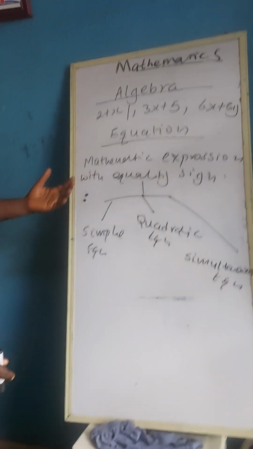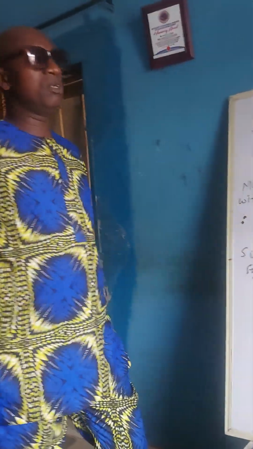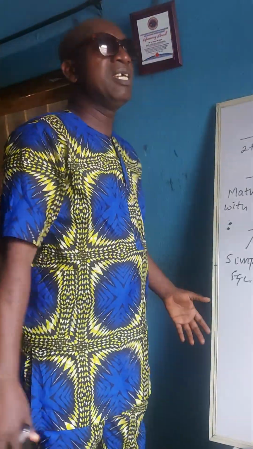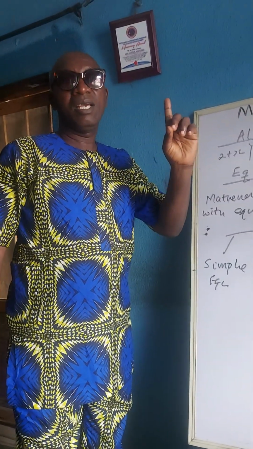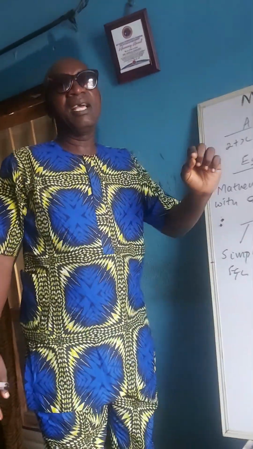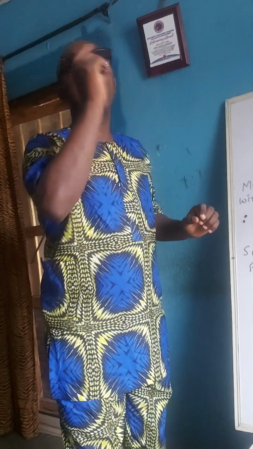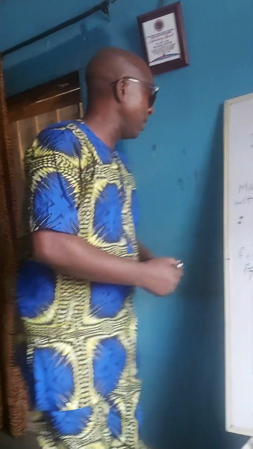For example, what do you mean by simple equation or linear equation? This is a type of equation that has only one letter with power 1. How do I mean?